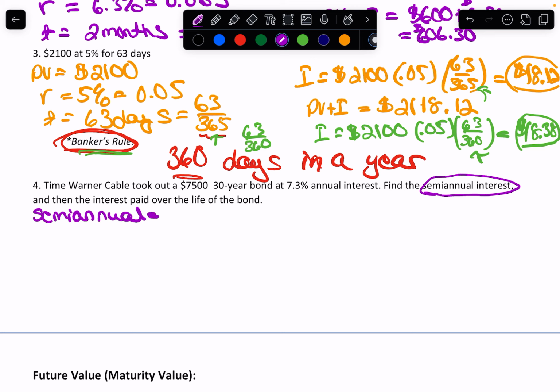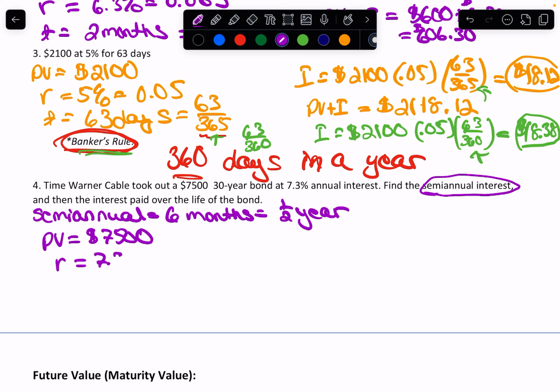It means 6 months, which is half a year. Our present value is 7,500. Rate is 7.3%, which is 0.073. Time, semi-annual, so half a year.